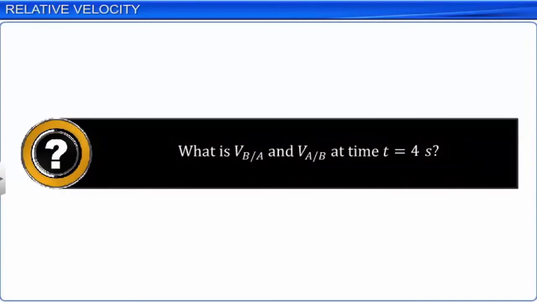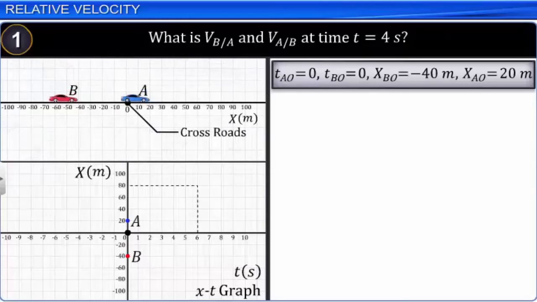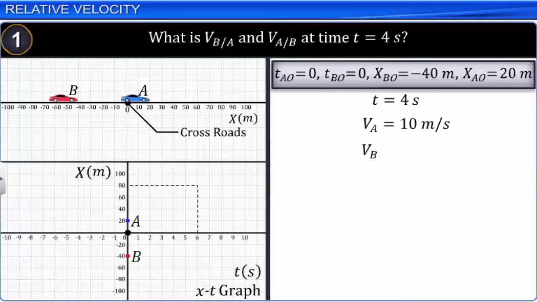What is VB by A and VA by B at time t equal to 4 seconds? As A and B are moving with different uniform velocities, the values of t, VA and VB are 4 seconds, 10 meters per second and 20 meters per second respectively.